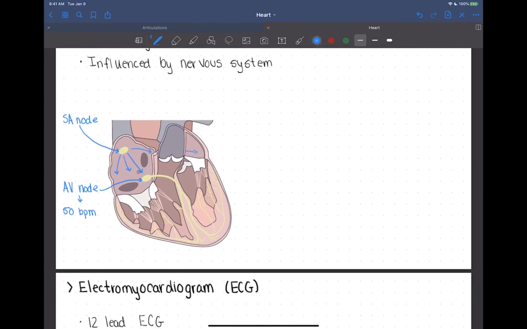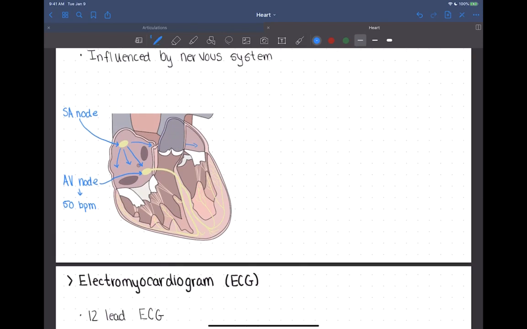But the function of this AV node is that it slows down that impulse. It delays it by just a fraction of a second. All right, so it delays that impulse, that action potential, by 0.1 second.